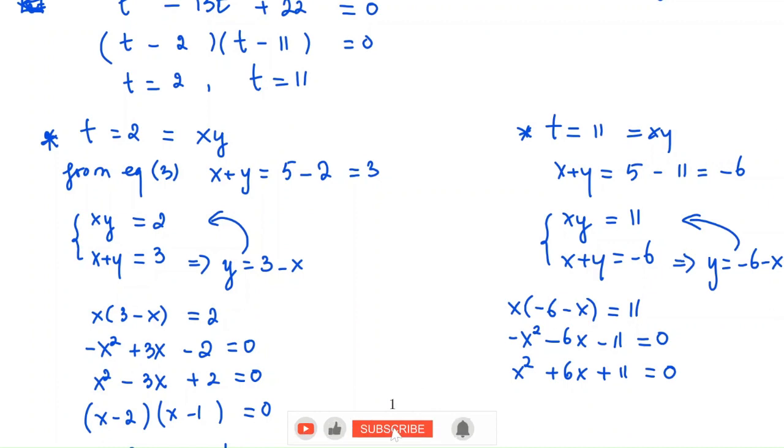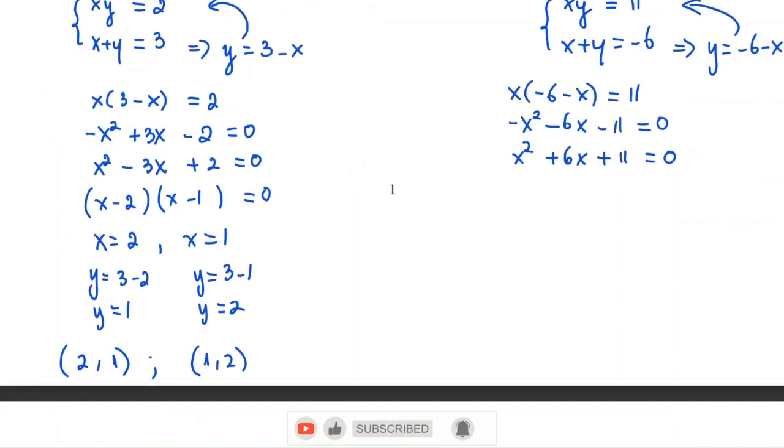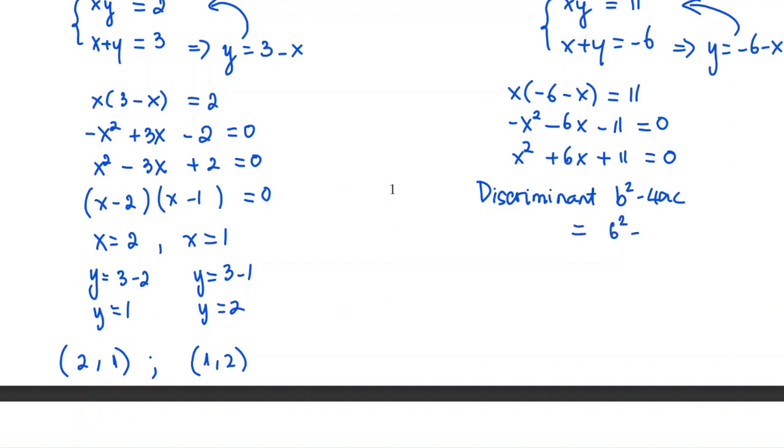This quadratic equation has no solution because the discriminant, b squared minus 4ac, is equal to 6 squared minus 4 times 11, which is 36 minus 44, and this is equal to negative 8, which is less than 0.